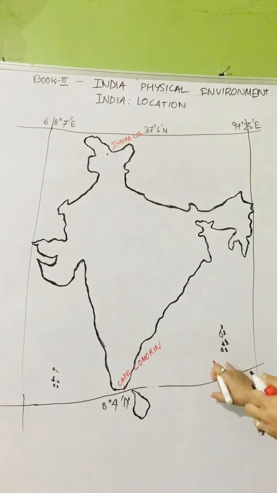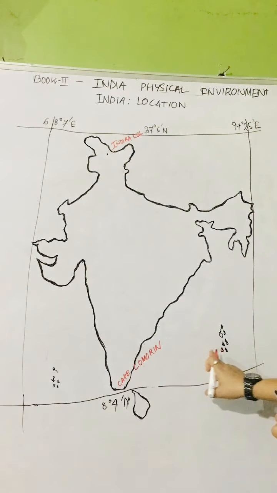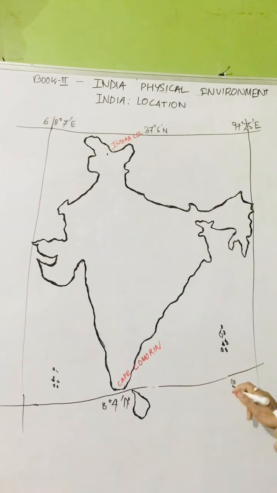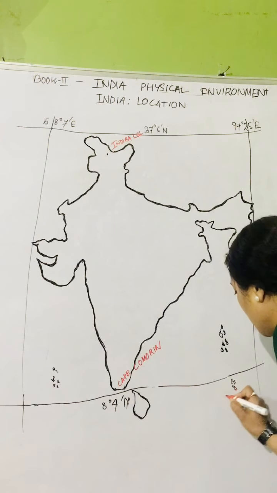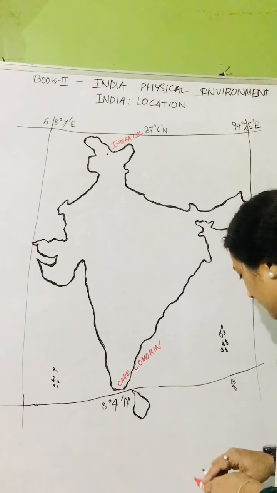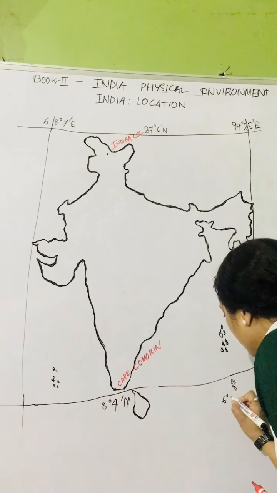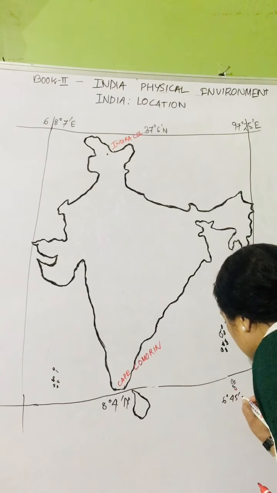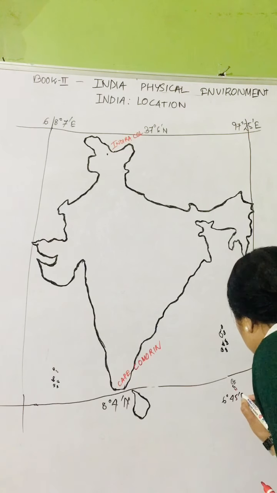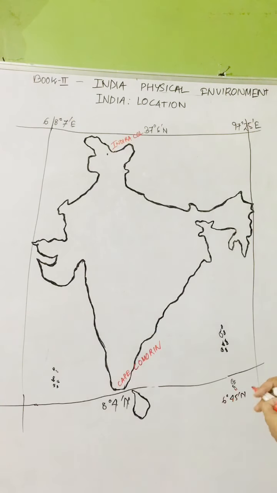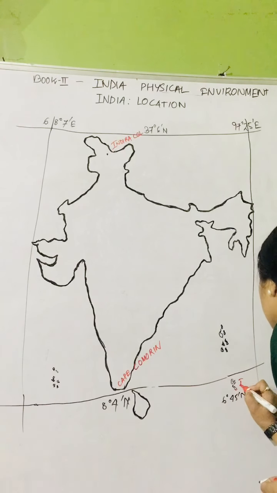But we know that we have two union territories. One is in the Bay of Bengal, that is Andaman Nicobar. So the southernmost point is here, which is 6 degree 45 minute north. It is known as Indira Point.